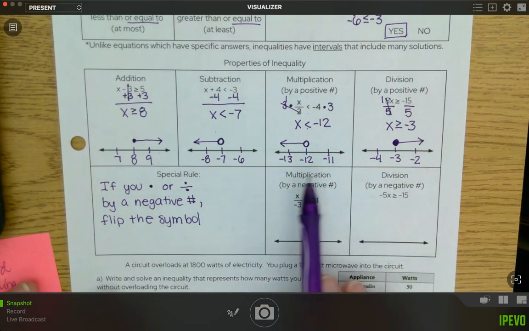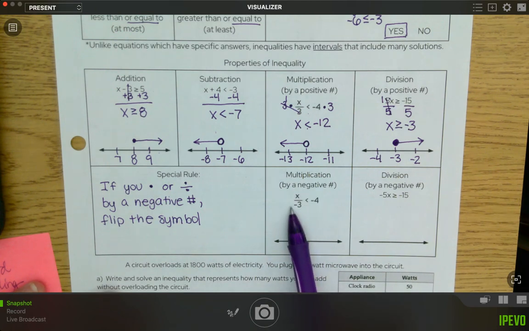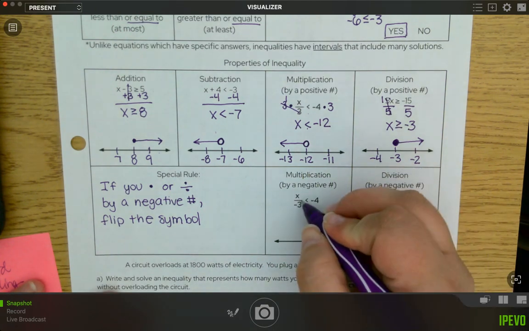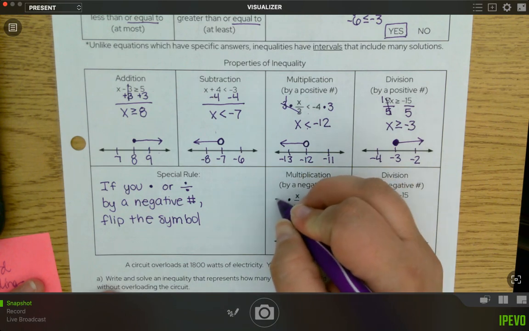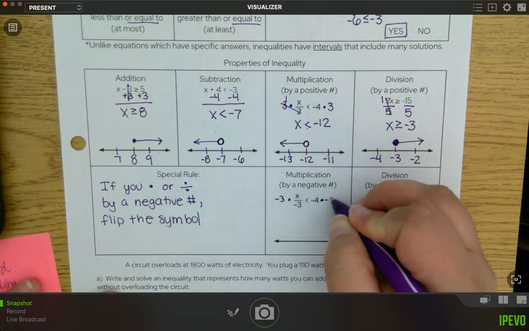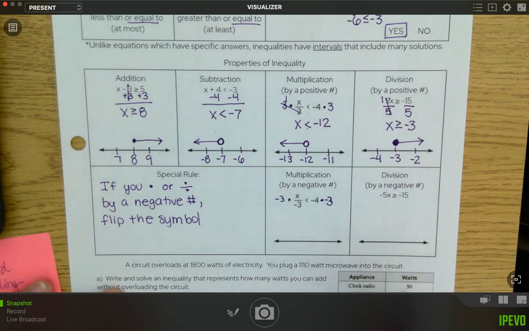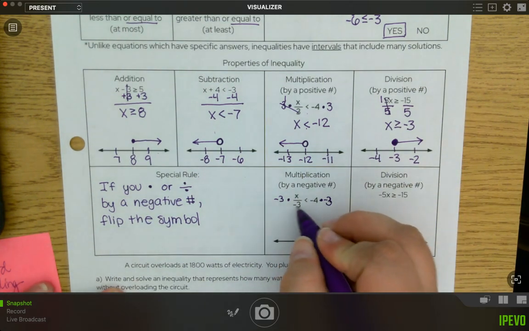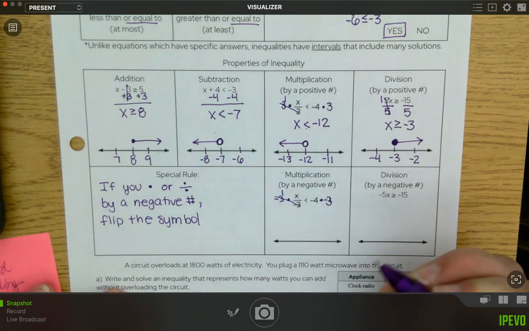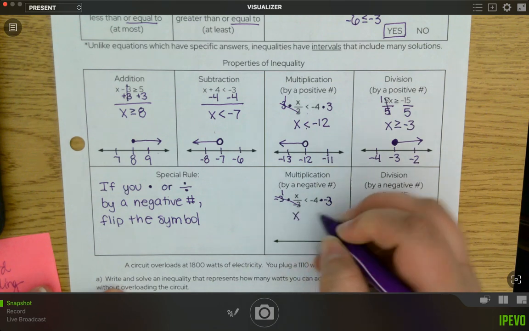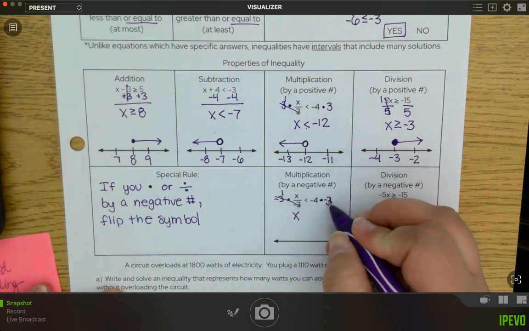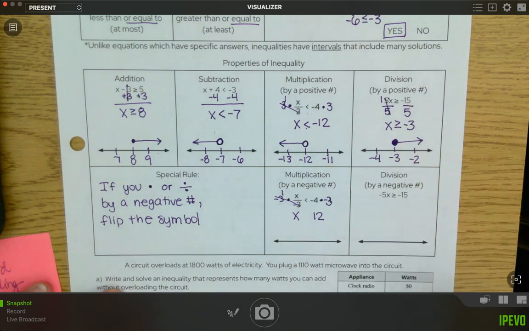So one thing that you'll notice on this one is there's a negative number down here. So to get rid of the division, we multiply by -3. And -3 divided by -3 is 1, so I have 1x. And over here, -4 times -3 is 12.